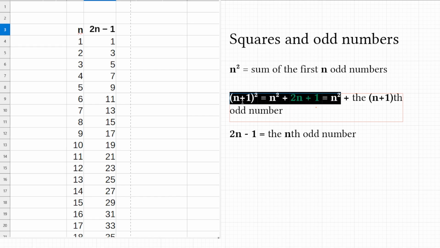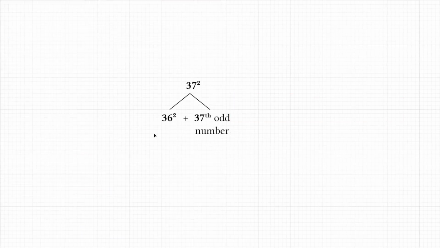So this means that when we try to calculate the square of some natural number, we refer in our calculations to the square of the previous natural number. So to take the square of 37, we have to know the square of 36, and then we add the 37th odd number.